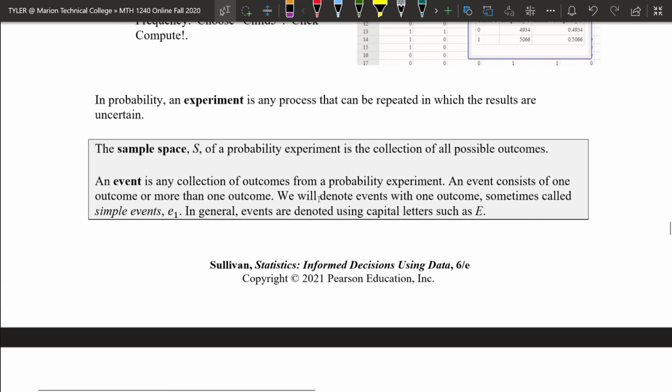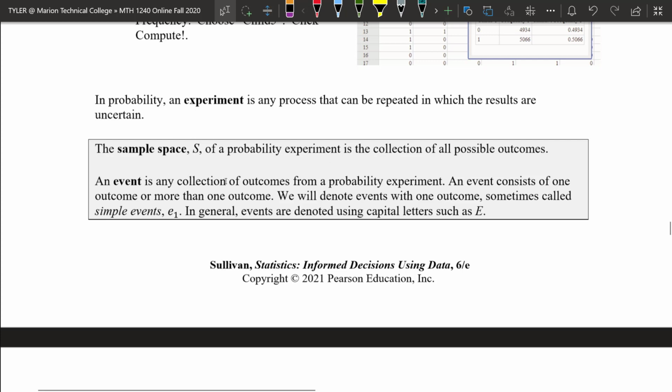right? So in probability, an experiment is any process that can be repeated in which the results are uncertain, right? So we're talking about some terms of probability that we'll use in this chapter. So then the sample space, so that's often written with a capital S, right, of a probability experiment, is the collection of all possible outcomes.